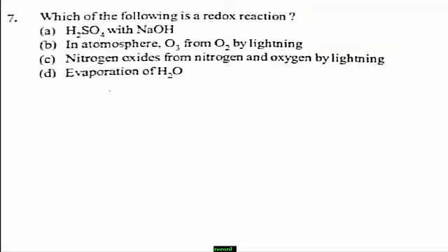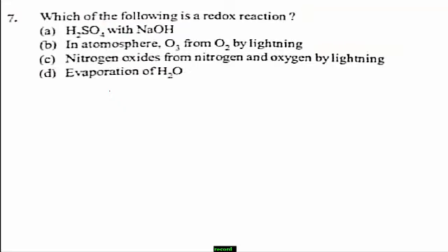Students, just see option A. The reaction of H2SO4 with NaOH takes place like this. H2SO4 when treated with NaOH forms sodium sulfate, Na2SO4, along with water. Yes, it is an acid-base neutralization reaction, because one acid and one base are used here.